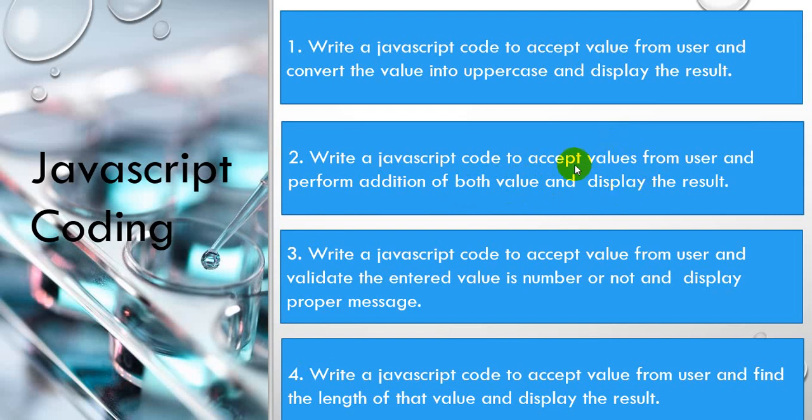Similarly, we can perform multiplication of two numbers, subtraction of two numbers, or division of two numbers. The question will be the same, only you have to change the arithmetic operation. In some questions you have to perform addition, in some multiplication, division or subtraction. So you may get any type of question, but the logic and the criteria are the same. You require two variables for accepting values and one variable for displaying the result.